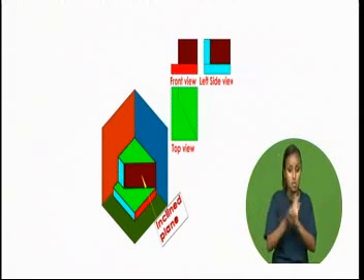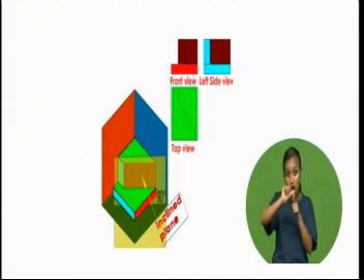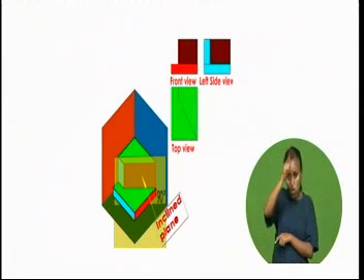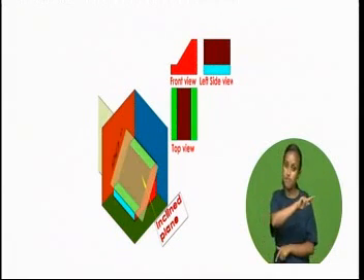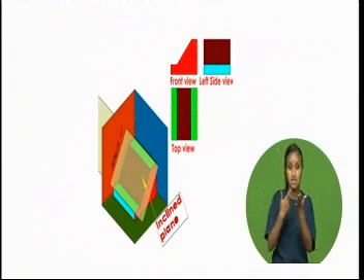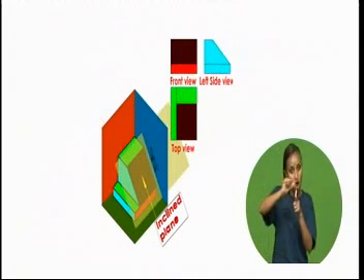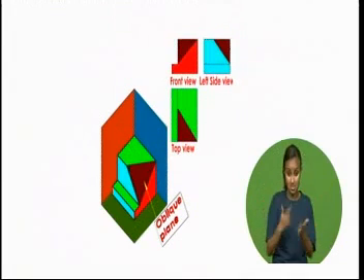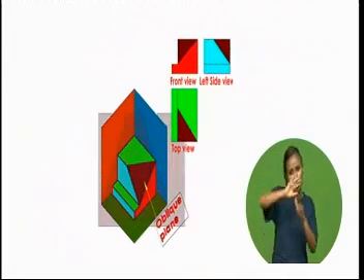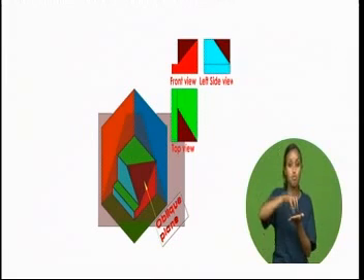For example, this surface makes an angle with the horizontal plane. This one makes an angle with the vertical plane, and this surface makes an angle with the profile plane. Oblique surfaces make an angle with all the principal planes of projection.